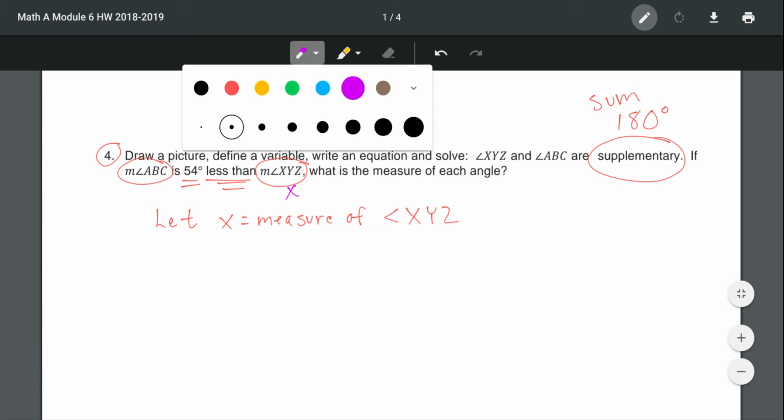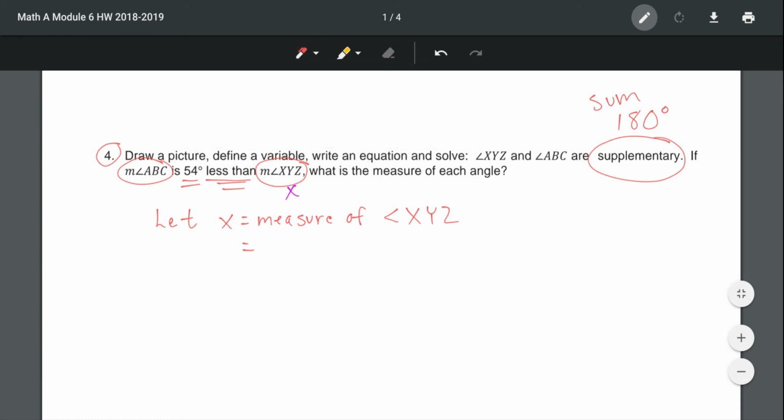So now let's define the measure of angle ABC. If it's 54 degrees less than the measure of angle XYZ, which is x, that means that angle ABC would be x minus 54. So x minus 54 will be the measure of angle ABC. So if these two angles, XYZ and ABC, are supplementary, that means that their measures add up to 180 degrees.